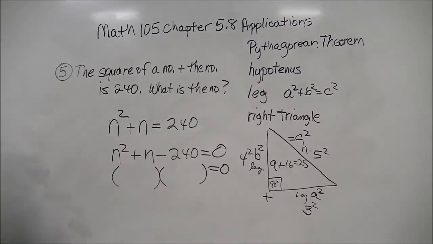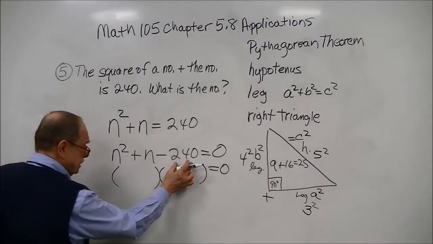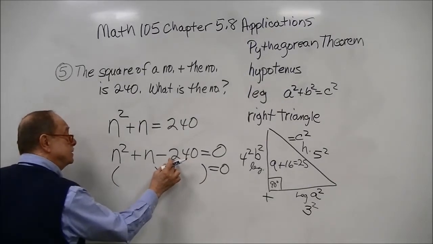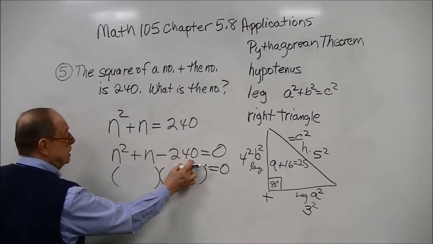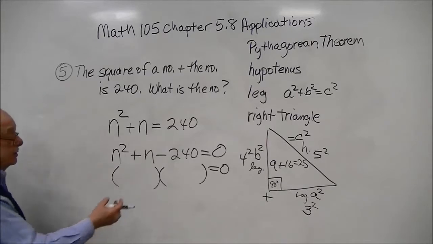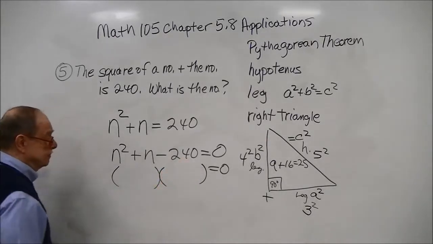And now we're looking for two numbers whose product is 240, but have a difference of 1. So how in the world would you possibly figure that out? Because who knows all the factors of this?